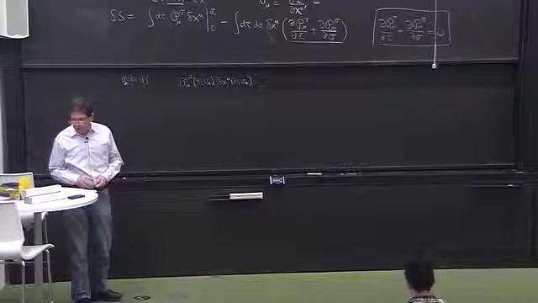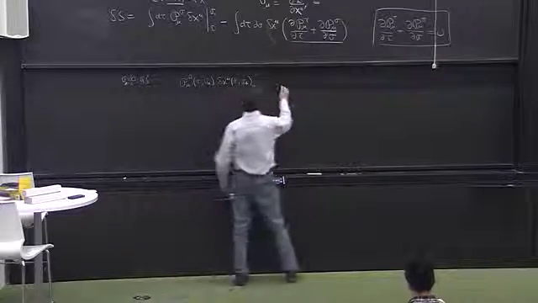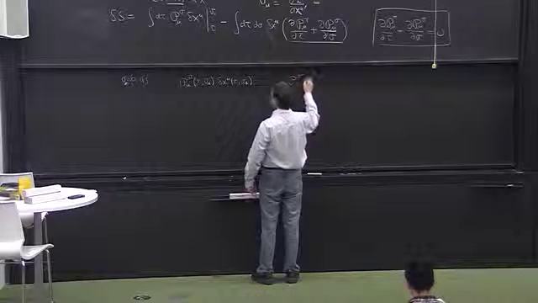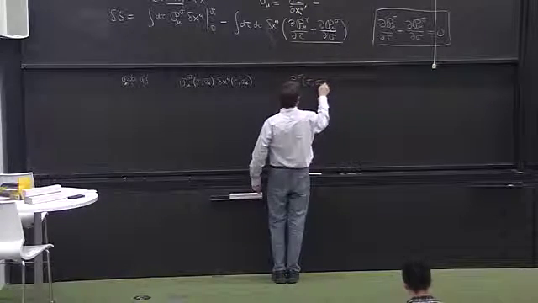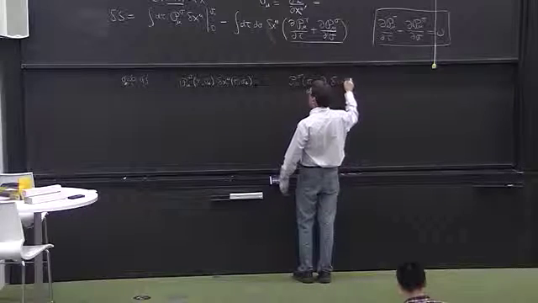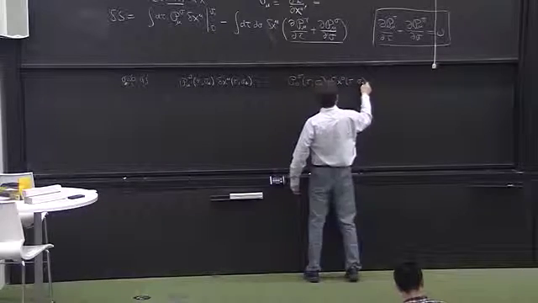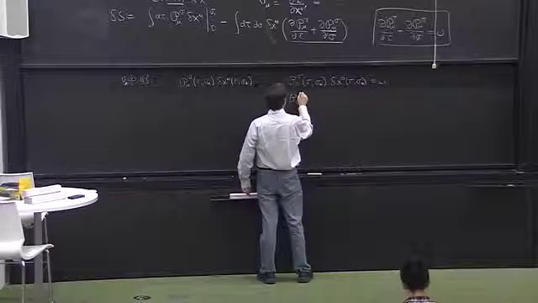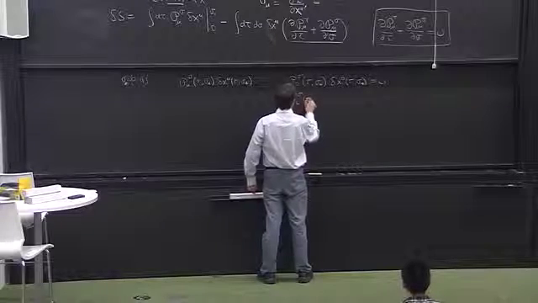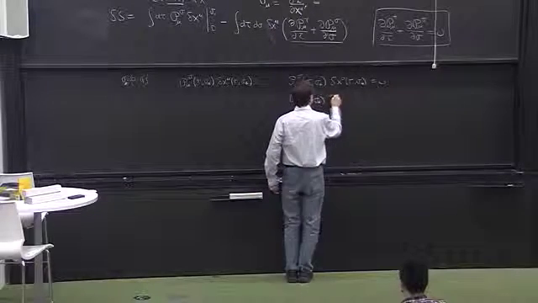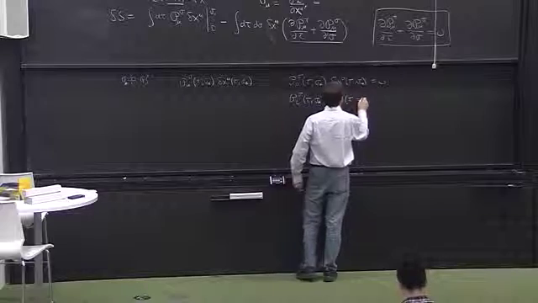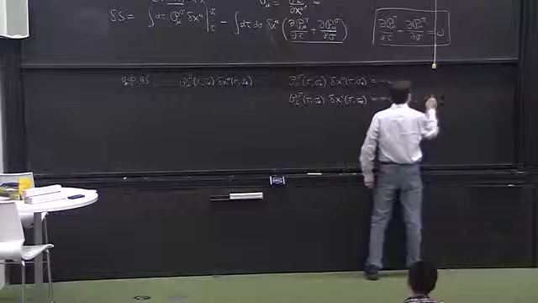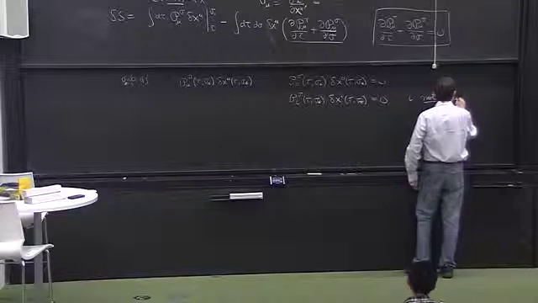So in fact, what I claim is that you must have P0 sigma tau sigma star delta x0 tau sigma star equals 0, and P i sigma tau sigma star delta x i tau sigma star equals 0 for i not summed.